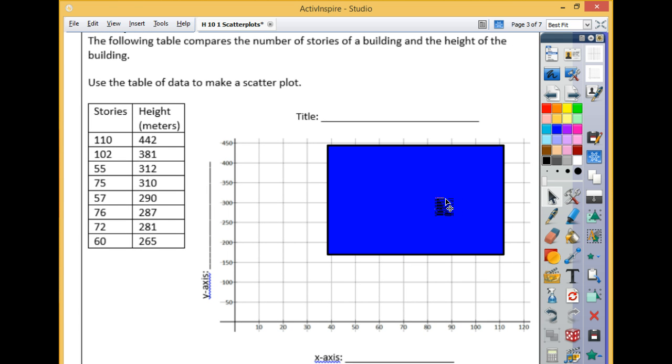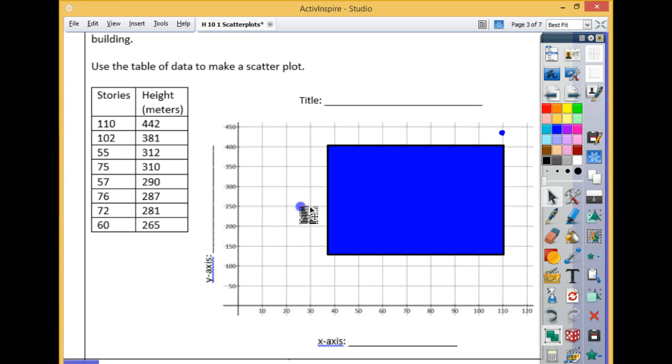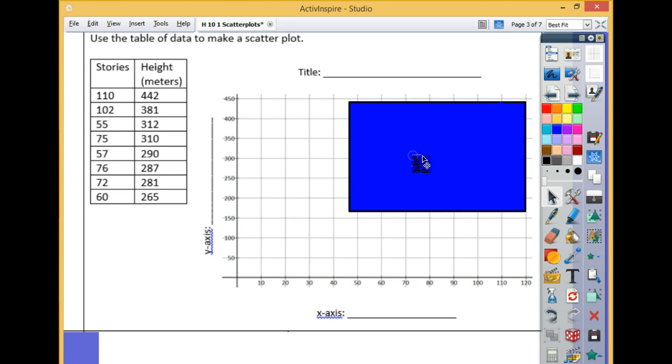The following table compares the number of stories of a building to the height of the building. So first of all, when they give you a table, here's all our data. Your input, your output, your x and your y. So it's pretty easy to label our horizontal and vertical axes.